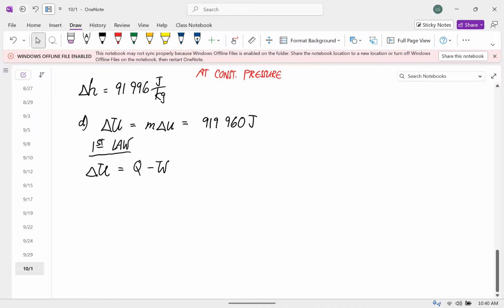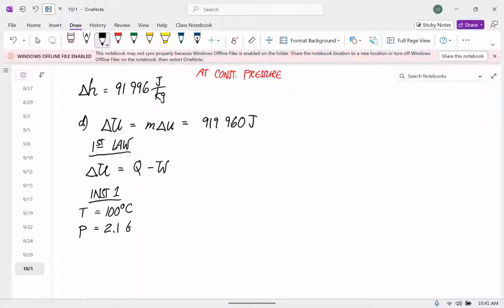So, specific volume. Okay, so I'm gonna look this up again. At the start, at instant 1, we know that the temperature is 100 degrees Celsius. The pressure is 2.1 bar.